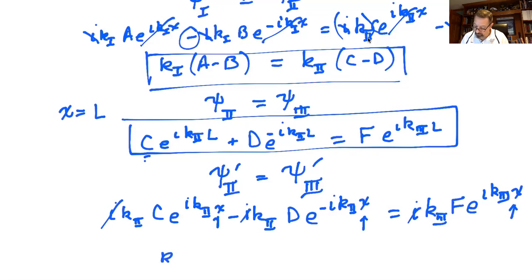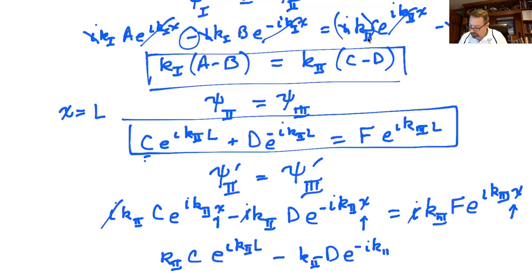And I think I'm left with K2 times C times e to the i K2 L minus K2 D e to the minus i K2 L has to be equal to K3 F e to the i K3 times L. I think that's my fourth equation.